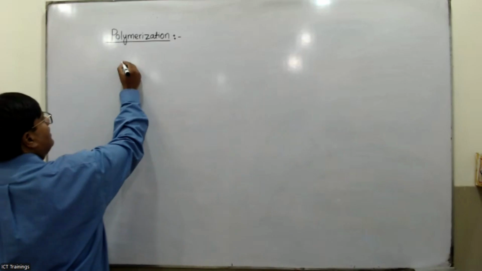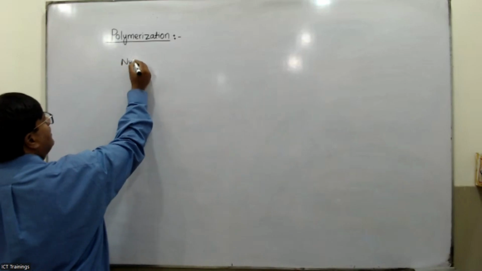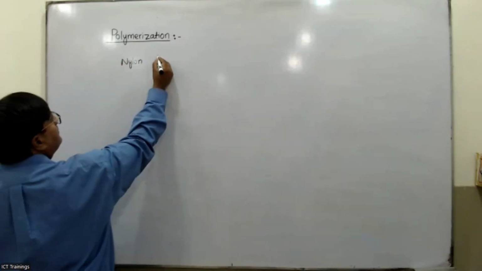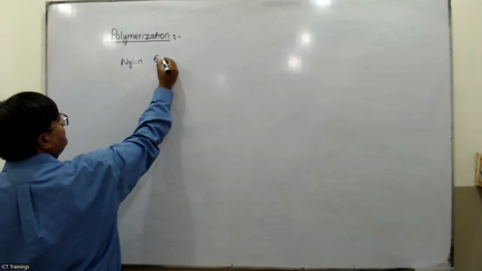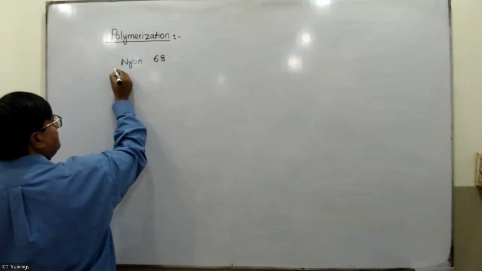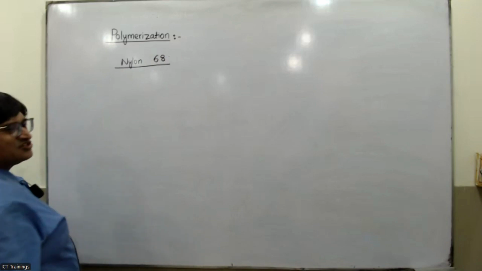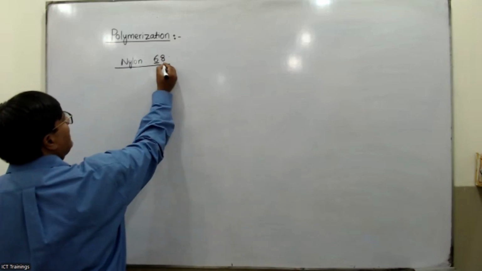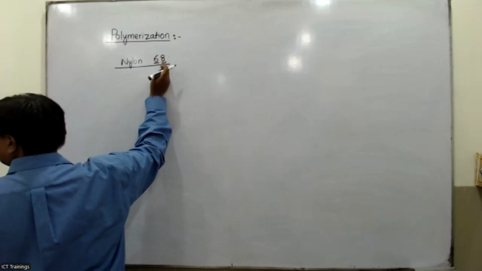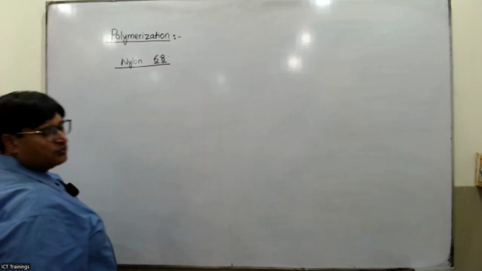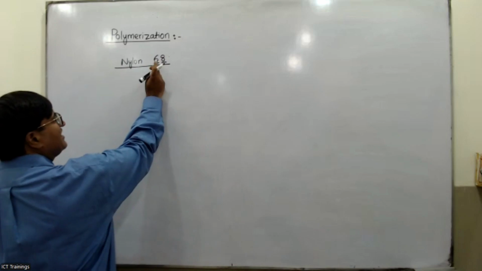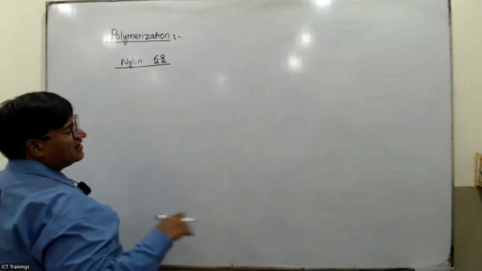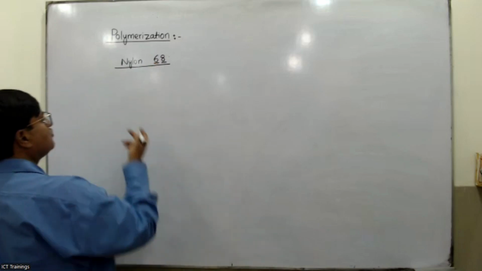So let's draw one more nylon up here. Nylon 68. My dear, I told you that these numbers actually show the number of carbons in the two monomers. So 6 means that there are 6 carbons in the first monomer.